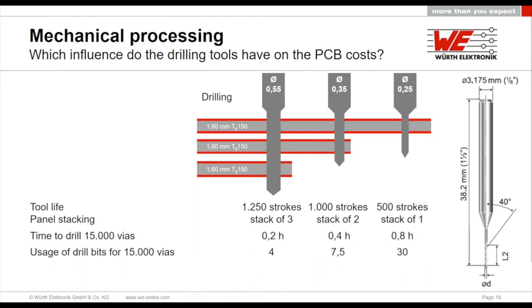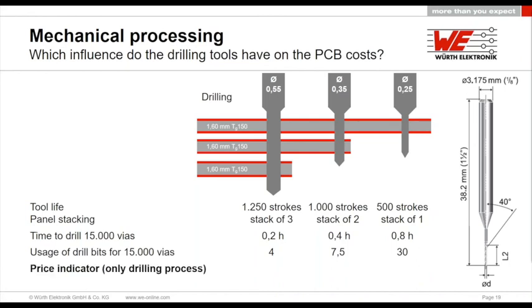We need to use quite a lot of drill bits if we have fewer strokes. So for 15,000 wires, this would be 30 drill bits, compared to only 4 drill bits for the 0.5 millimeter drill tool diameter.